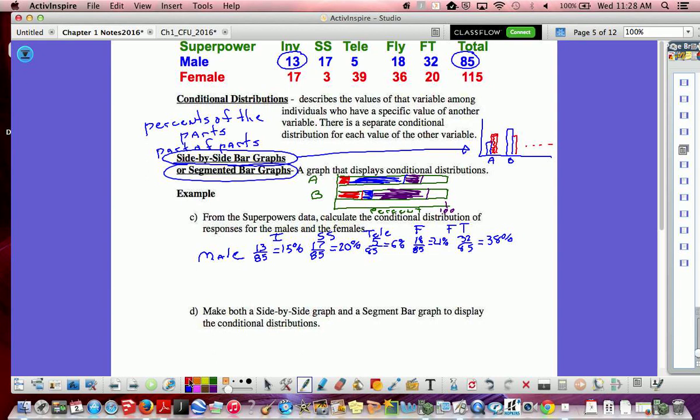Now I asked to do it for both genders, so I also need to do female. Now with the female, I'm not dividing by 85, I'm dividing by 115. So I have to do each of these by 115. I start with 17 divided by 115, which is about 15%.